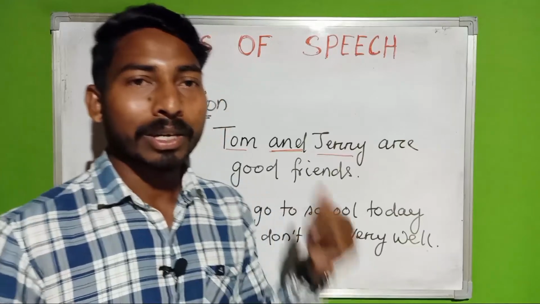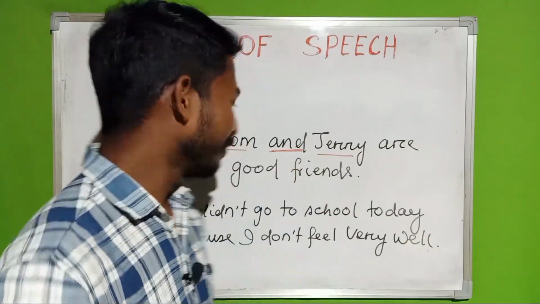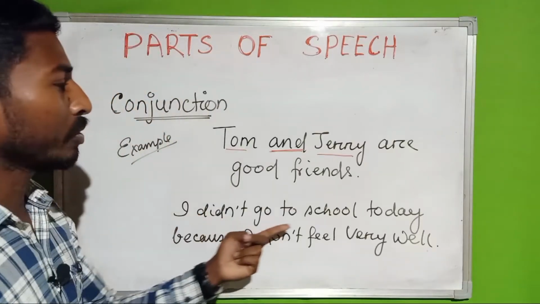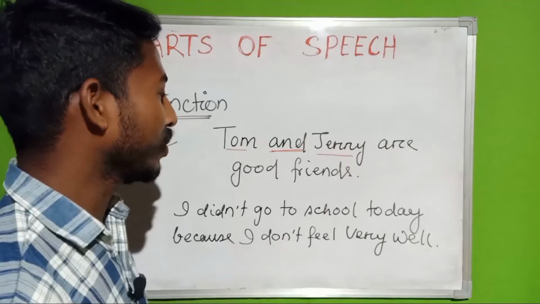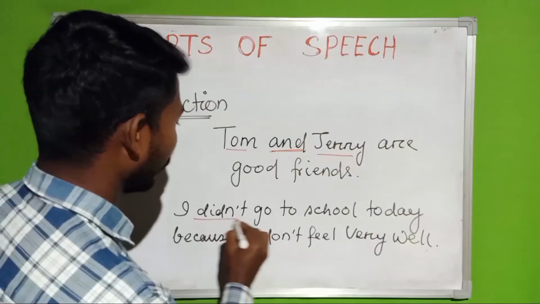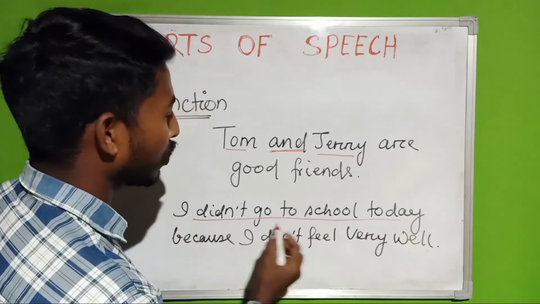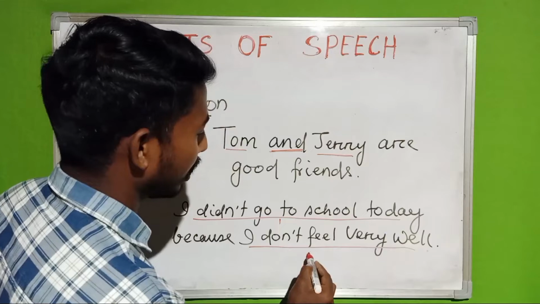But conjunctions can even join sentences. Let's see an example: I didn't go to school today because I don't feel very well. We call these clauses. I didn't go to school today is the first clause, and I don't feel very well is the second clause.